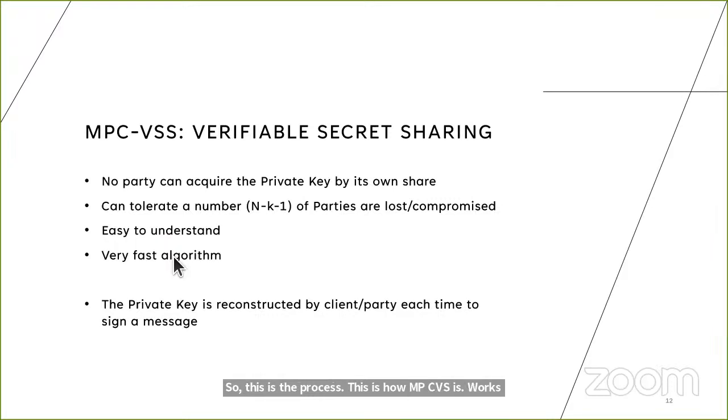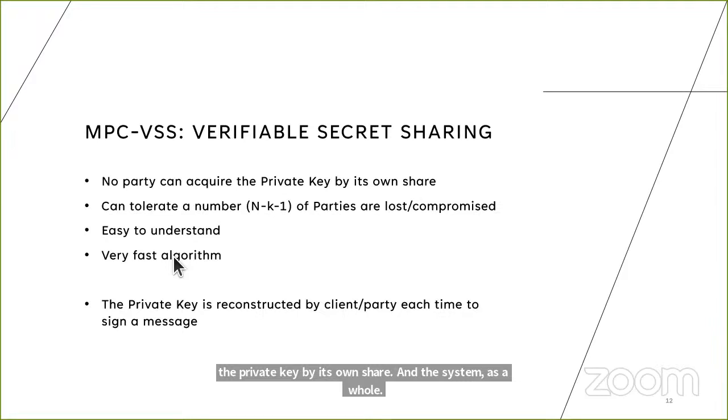And as we have seen, none of the parties can acquire the private key by its own share. And the system as a whole can tolerate a number of parties being lost or compromised.